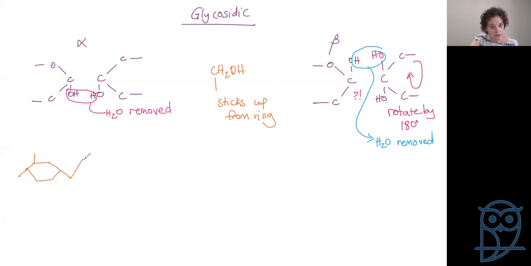Let's see if we can draw this. There's our rings, the pointy bits are our glycosidic bonds. Then all our CH2OHs are going to be sticking up.